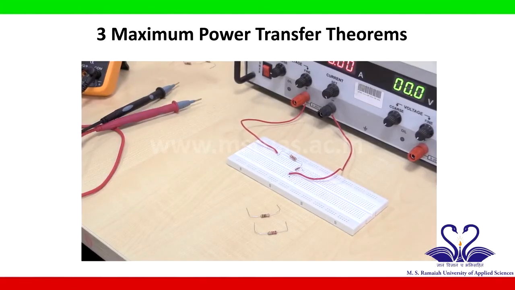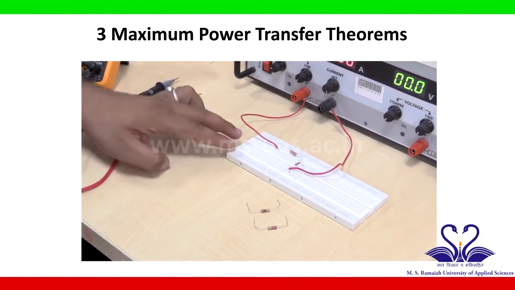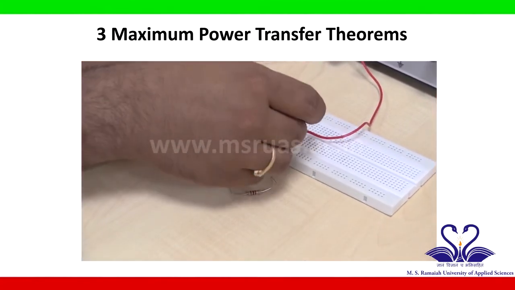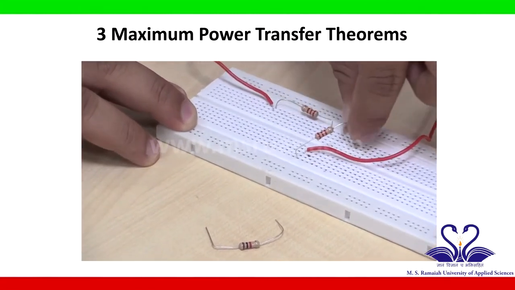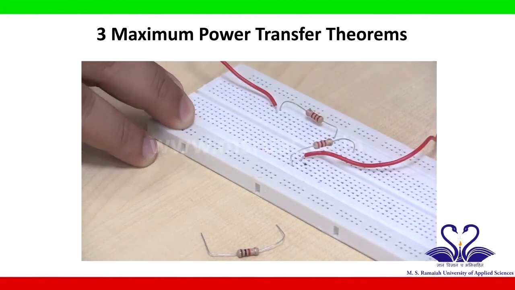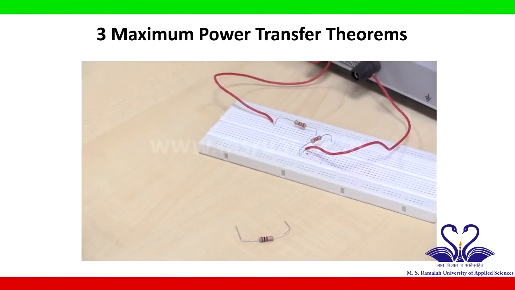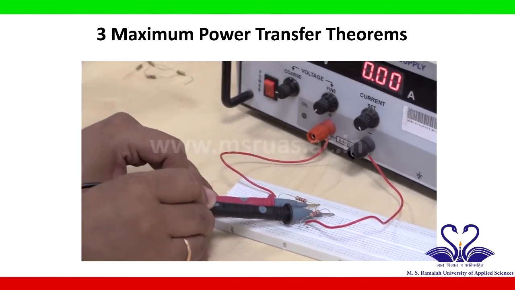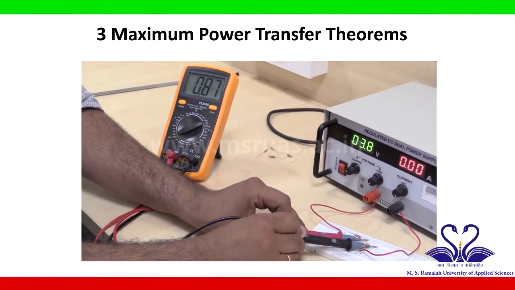Now we will replace the 4.7 kilo ohm resistor by a 2.1 kilo ohm value and take the load current. Now let us measure the load current. Value of current is 0.87 milliamps.